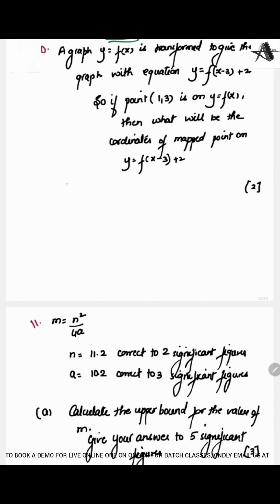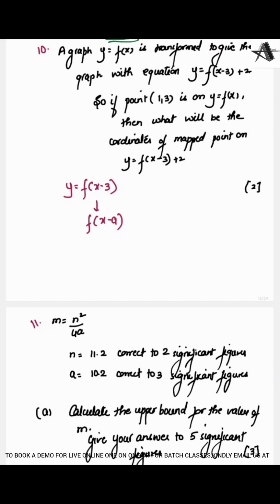If it's written y equals f(x minus 3), that means it is about f(x minus a). Simple: if it's written inside the f bracket with x, the transformation is happening in the x direction. It's negative a, so if it's negative 3, you have to work opposite.